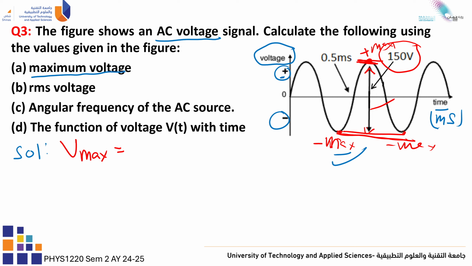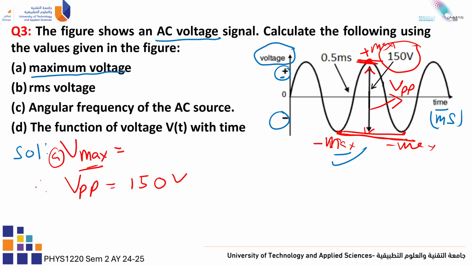What I told you in the rule is that this is a peak to peak voltage. In the diagram, the value of the peak to peak voltage is given to us, which is 150 volt.